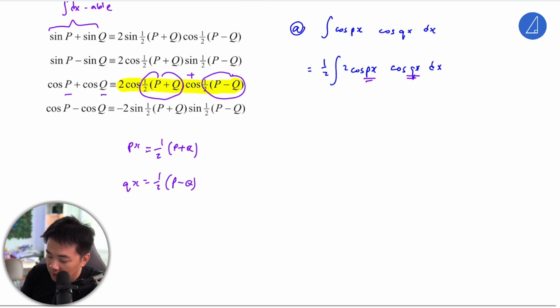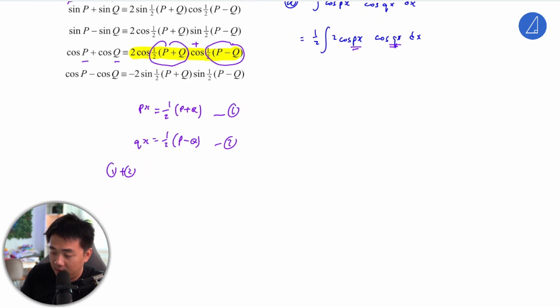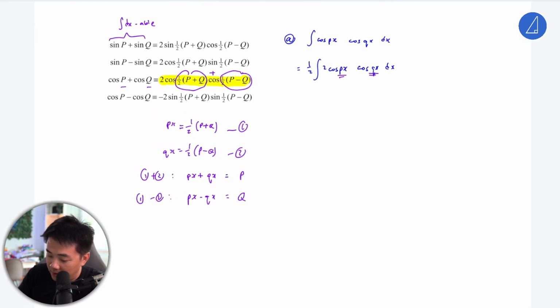The way to use the factor formula is that you add both of them up simultaneously. The amazing thing is that when you add both up, px plus qx is half p plus half p, and the half q plus minus half q just cancel each other. So this will be left with a capital P. Then if you minus, this will be px minus qx, which is Q. So I solve for P and Q by just adding both up and minusing both.